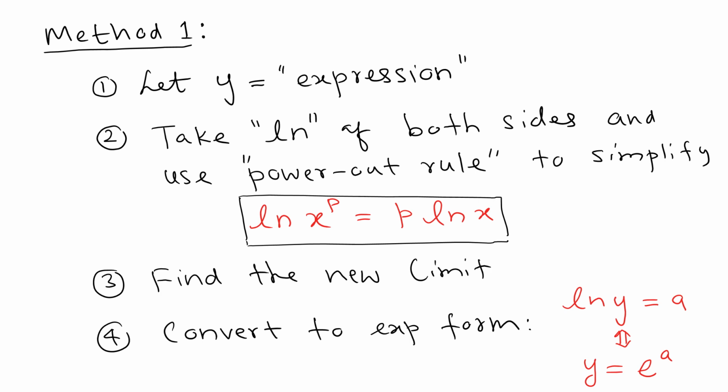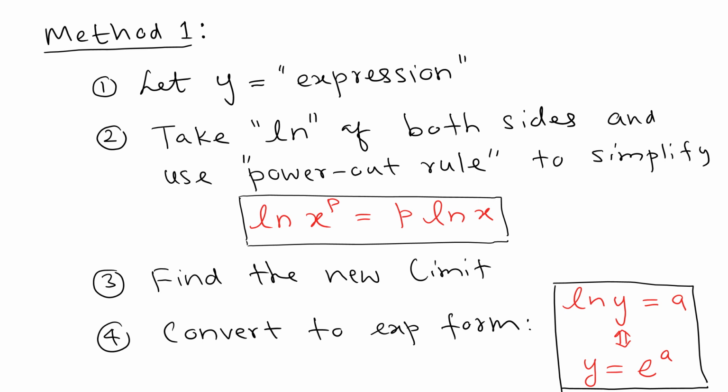This is the rule that we use. We know that if ln y equals a, that means you can write y as e to the a, because ln means the base is e. So y equals e to the a. That's the main result we're going to use to solve a problem like that.